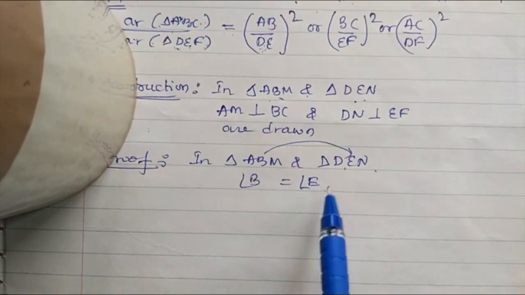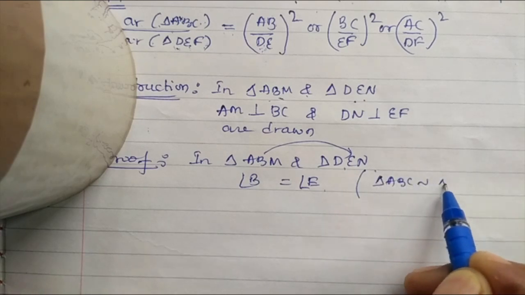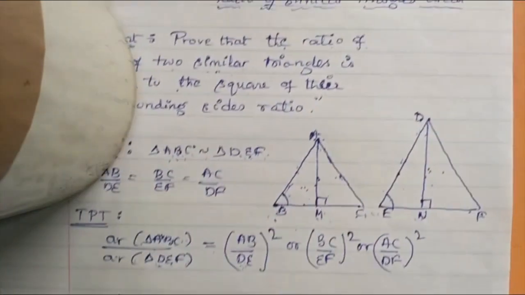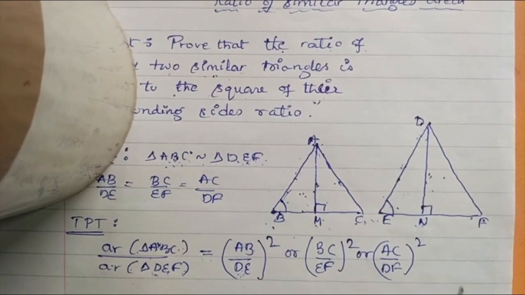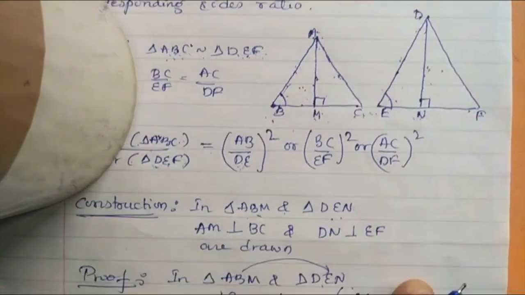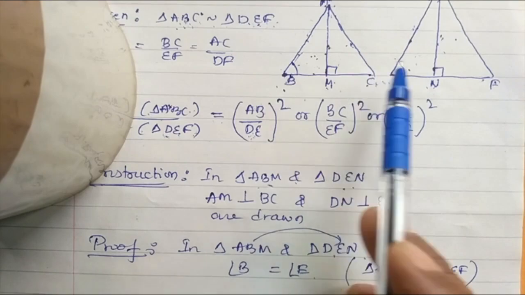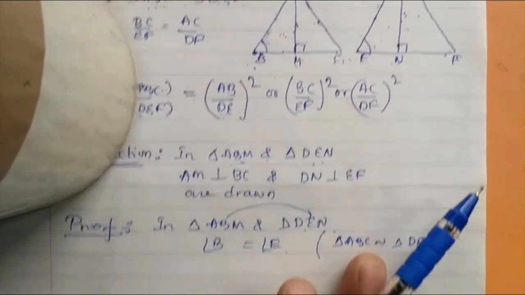Therefore, angle B and angle E are equal, because triangle ABC is similar to triangle DEF, already. The bigger triangles are already similar, right? Therefore, B and E are corresponding angles of the bigger triangles, so they are also corresponding angles of the smaller triangles. It is common for both.